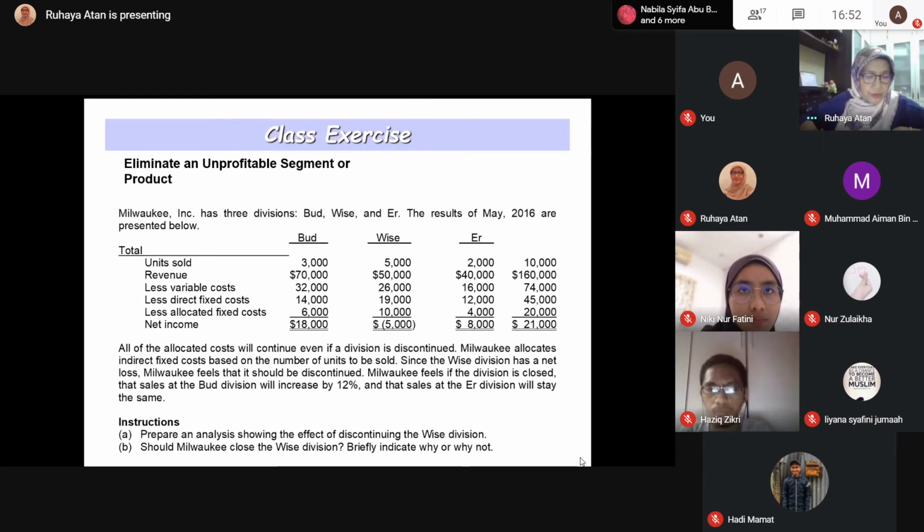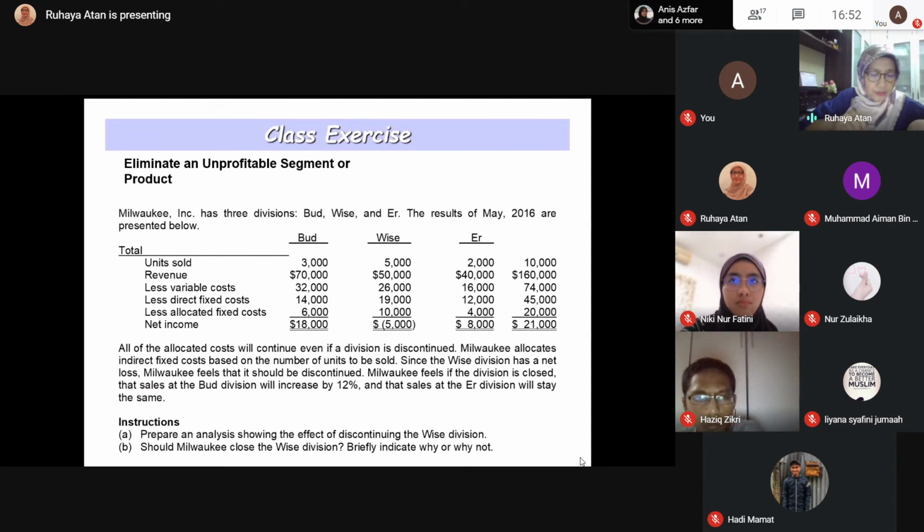So what's the number of units to be sold? Milwaukee allocates the fixed cost based on the number of units sold. Okay. So the number of units sold by Bud is 3,000. By Earl is 2,000. So if we take that, that will be 60%.